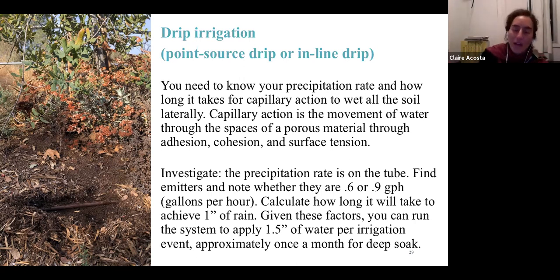But essentially you calculate how long it would take to achieve 1 inch of rain, and that's how you would manage your irrigation. So you would still be trying to achieve the same 1 inch to 1.5 inches of water per irrigation, but calculating correctly for gallons per hour, as opposed to the easier sprinkler system.